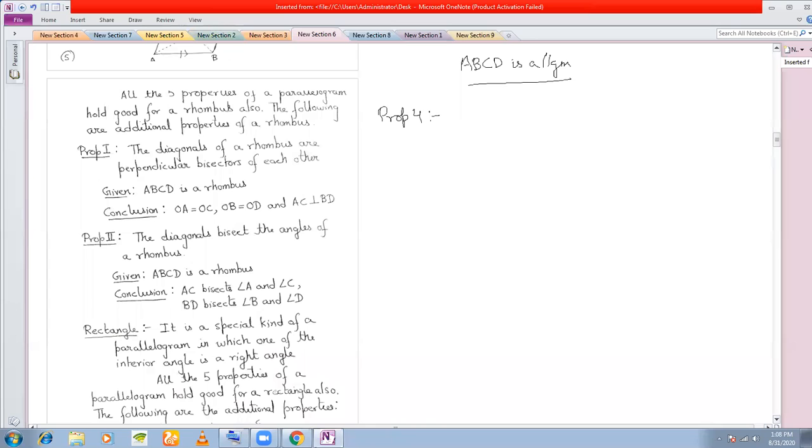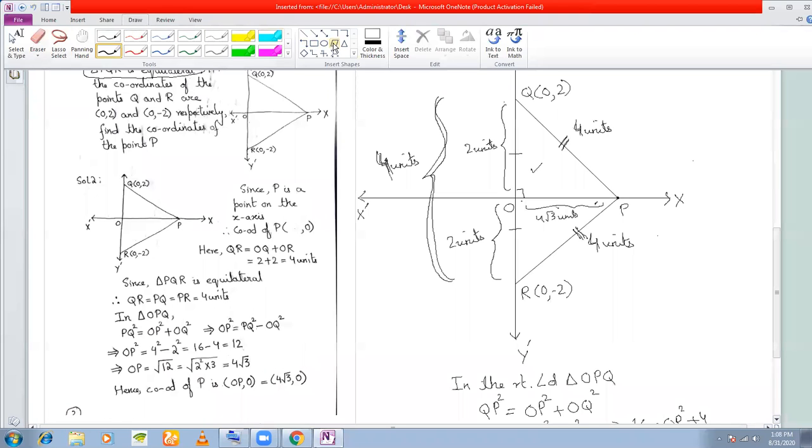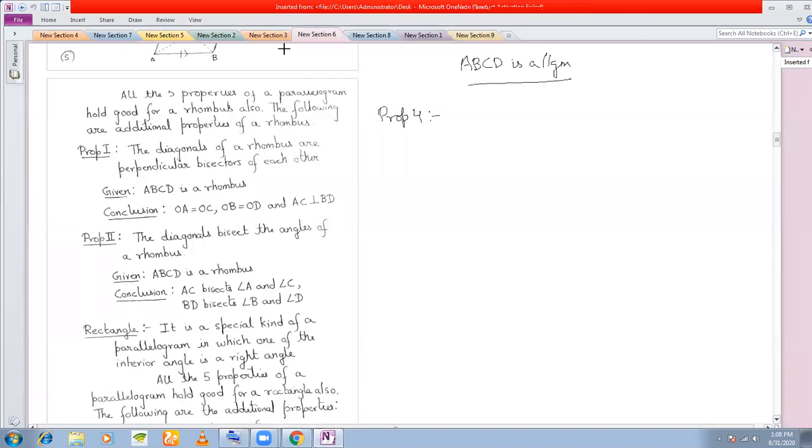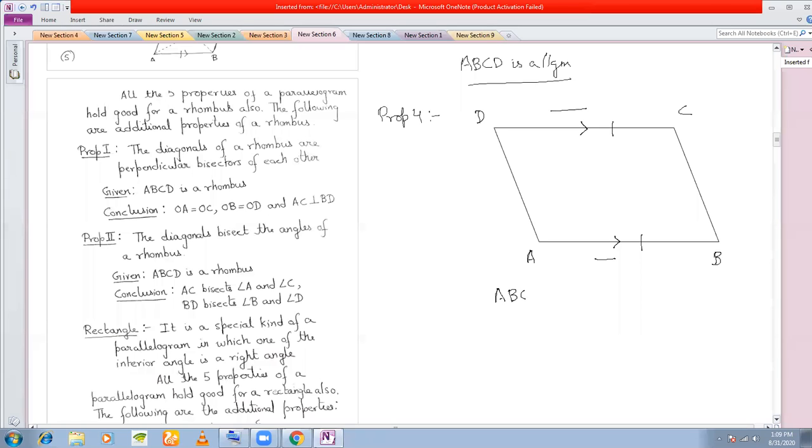So given to you here is any quadrilateral ABCD. And what else is given? It is given to you that these two sides, AB and DC, are parallel and also they are equal. Then you conclude that ABCD must be a parallelogram.